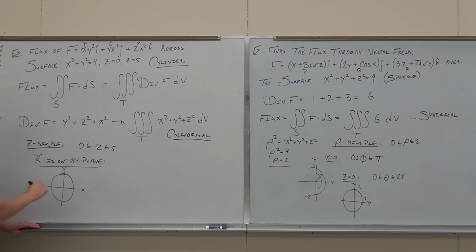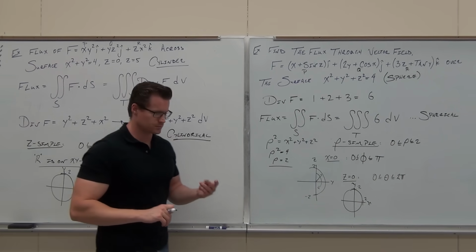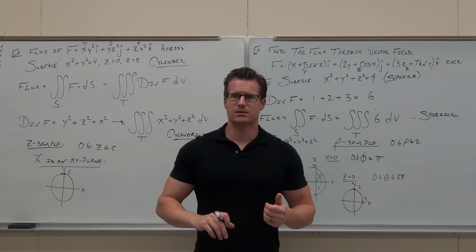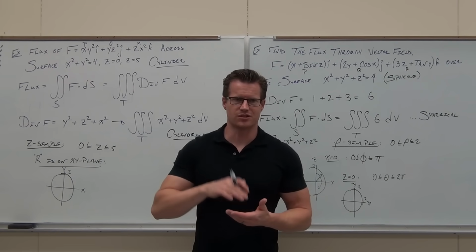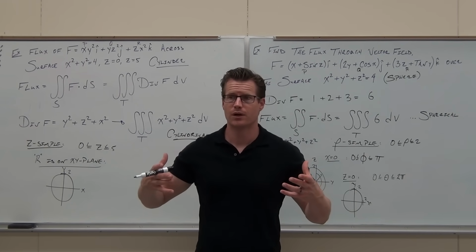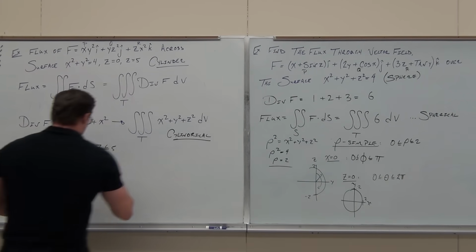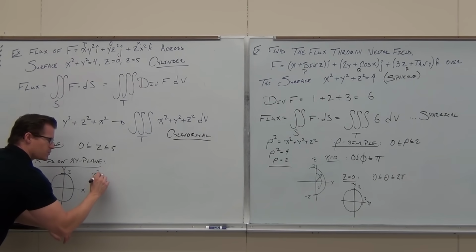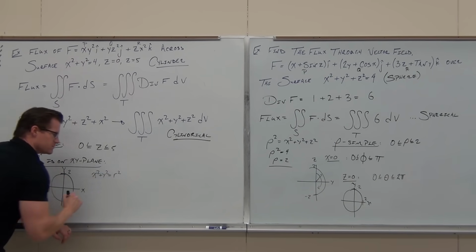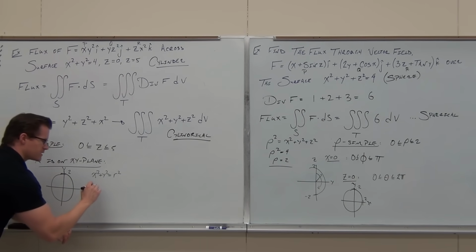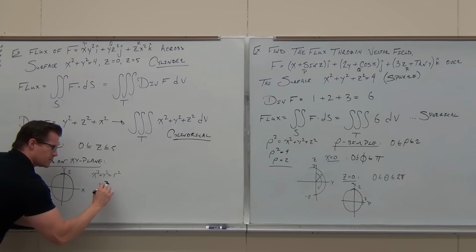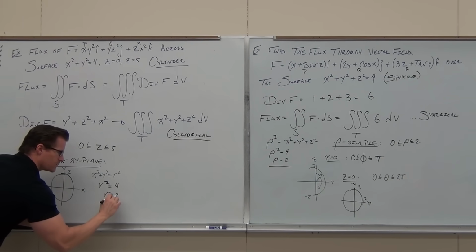We have a circle with a radius of 2 centered at the origin. And then we go, hey, cylindricals basically just take care of the Z and you've got polar. It's the same stuff. So when we start defining x squared plus y squared equals r squared, well, that means that r squared equals 4 or r equals 2.